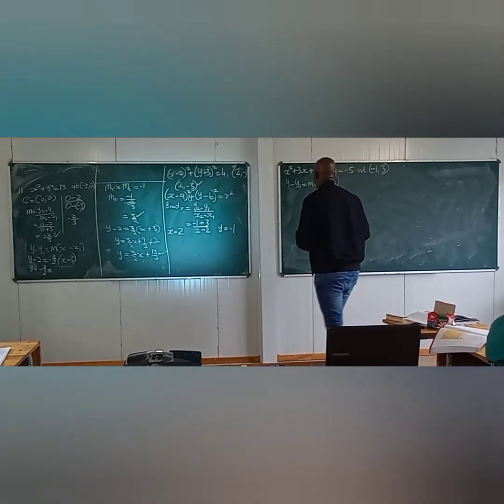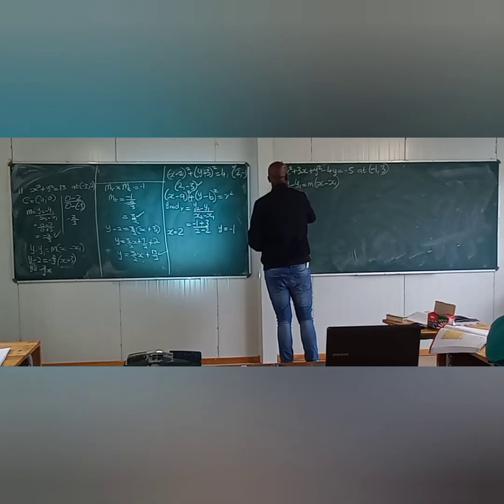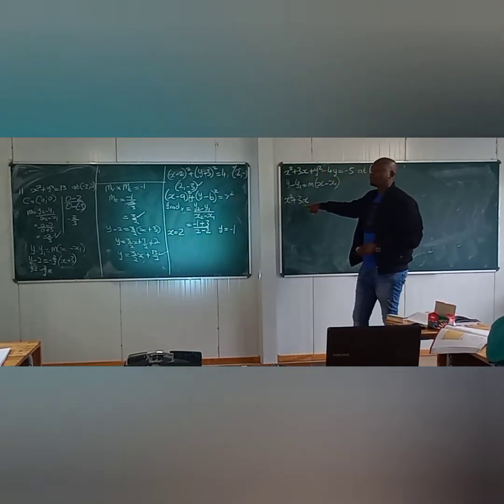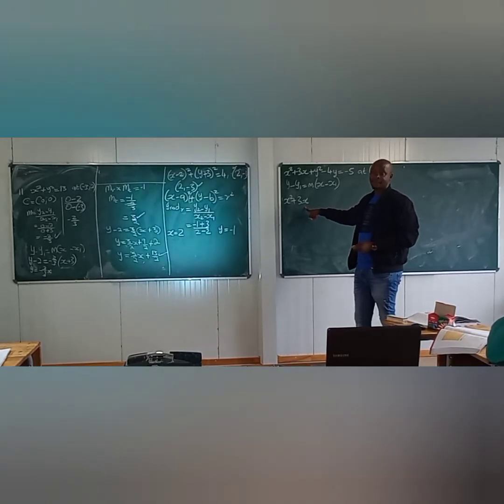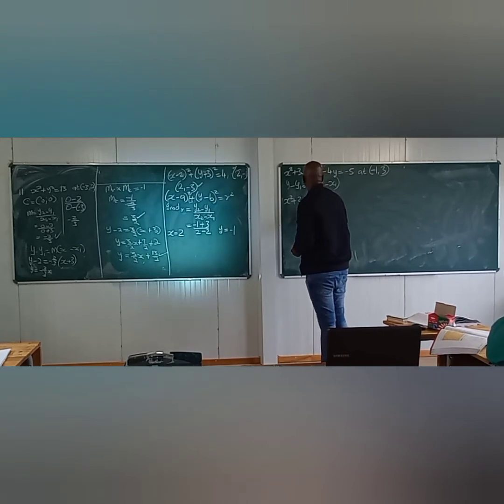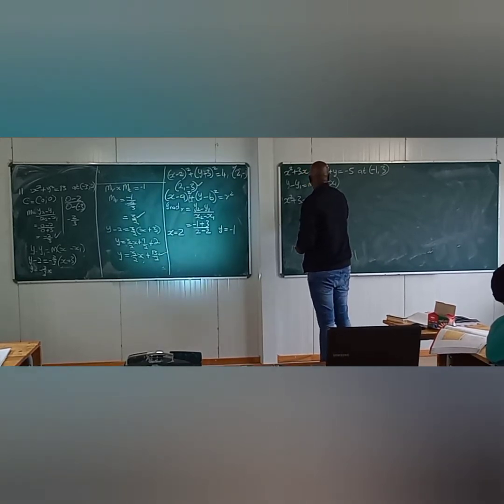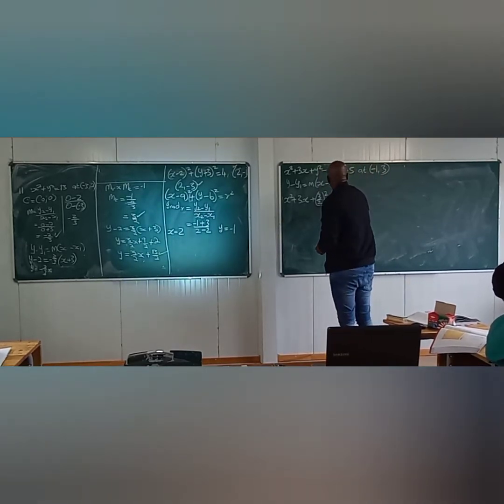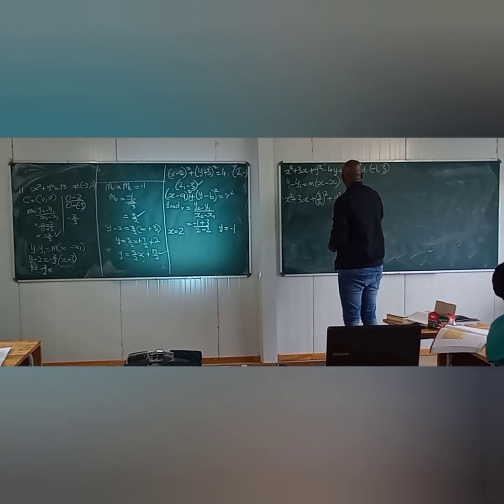So let's complete the square. For x squared plus 3x, we take the coefficient of x, which is 3, half it and square it. Half of 3 is 3 over 2, squared.